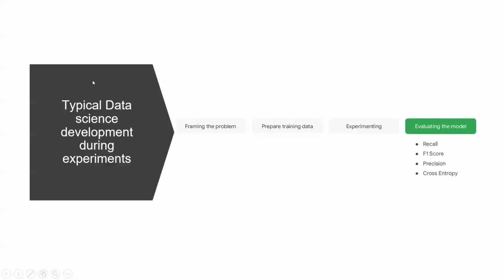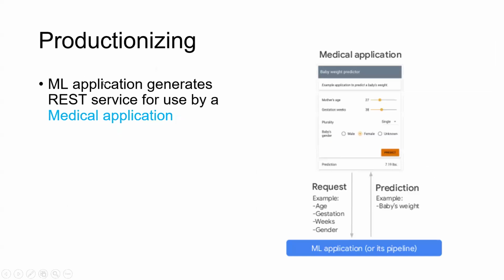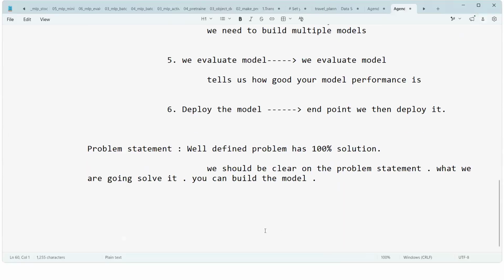Productionizing the ML application by using what? FastAPI. Any ML application has two layers. One is front end, another one is back end application.